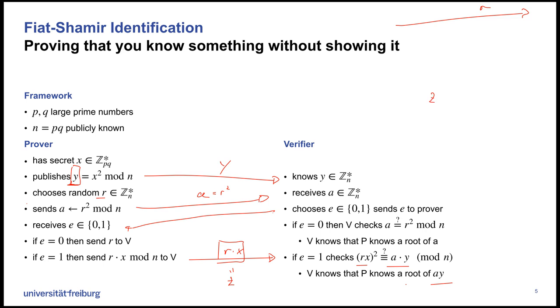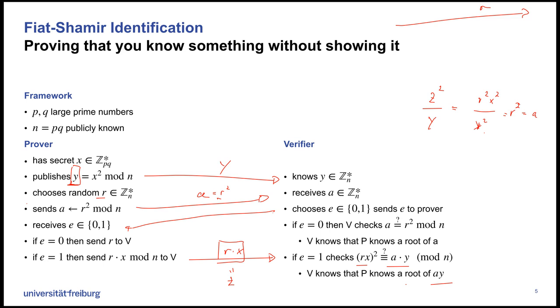So if I have s squared, and now I want to produce an r squared. If I take s squared and divide this by y, I get r squared x squared divided by x squared. Sorry, this is y, this is x squared. So basically I get r squared, so I get a.